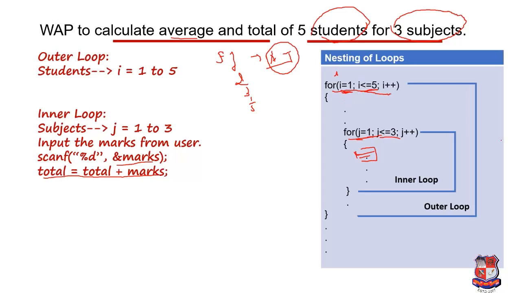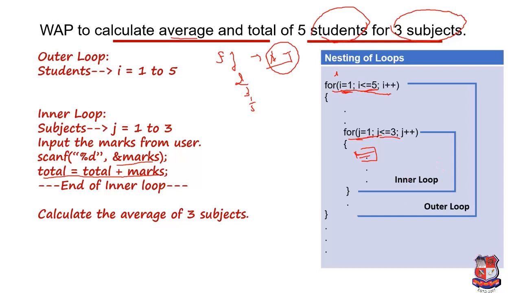So inside the inner loop we do two things. First, we take the input from the user for the marks of the subject, and in parallel we find the total. Over here the inner loop ends, but we have to calculate the average. We have to do it here, because if we did it outside the outer loop, then all five students' entries would be done and we wouldn't have the average of individual students.